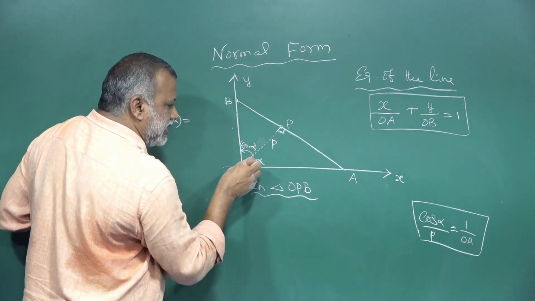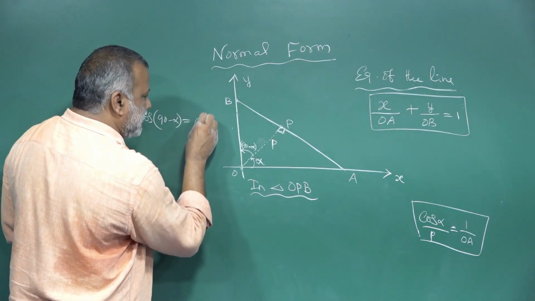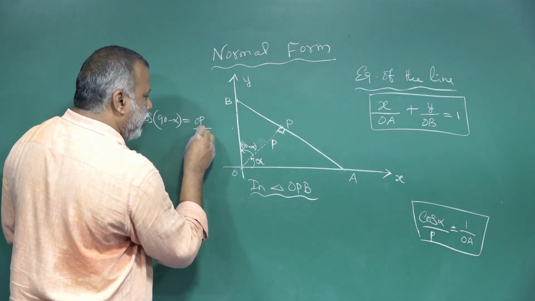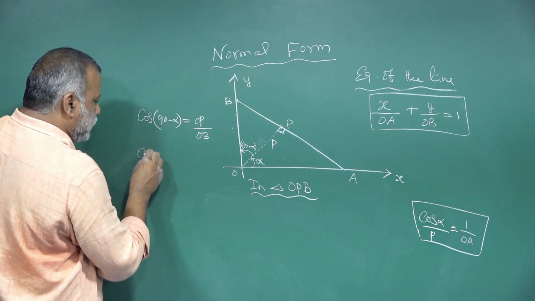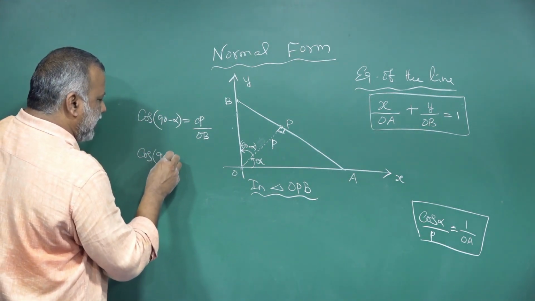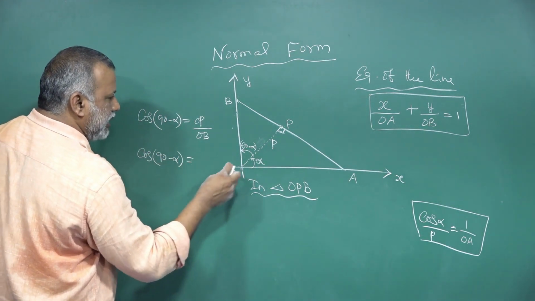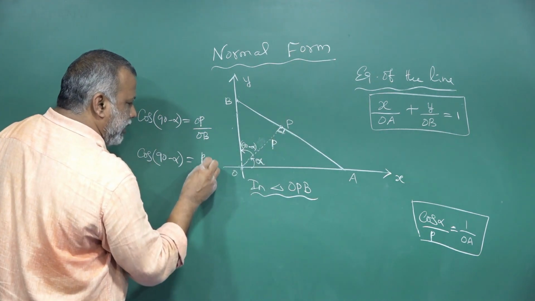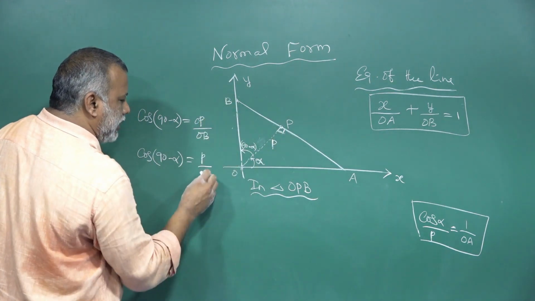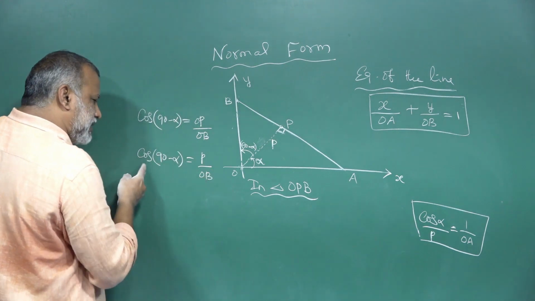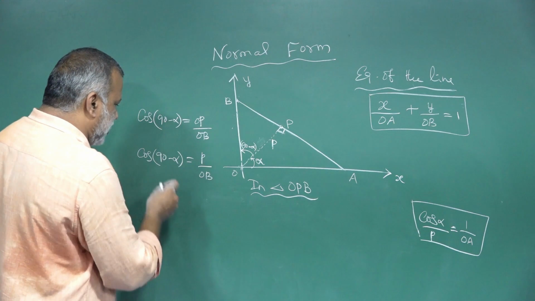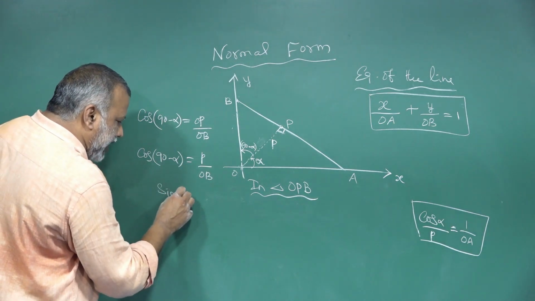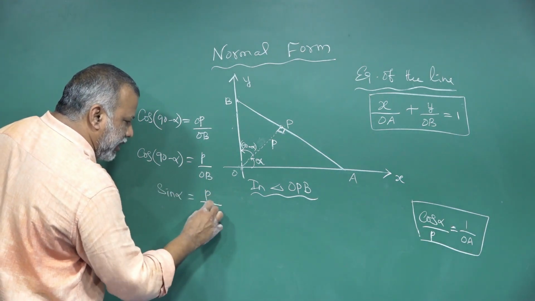This side is the adjacent side, here OP, adjacent side divided by OB. Once again OP is well known, that value is P. So cos of 90 minus alpha is equal to OP value P divided by OB value, which is unknown. So this is nothing but cos 90 minus theta, you can say sin theta. Instead of theta, sin alpha is equal to P divided by OB.